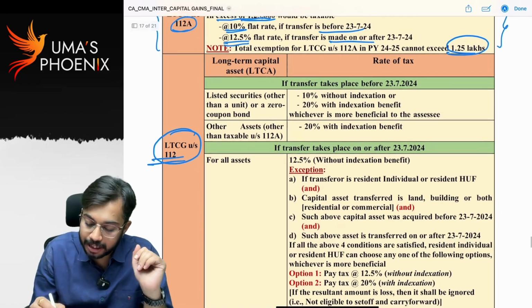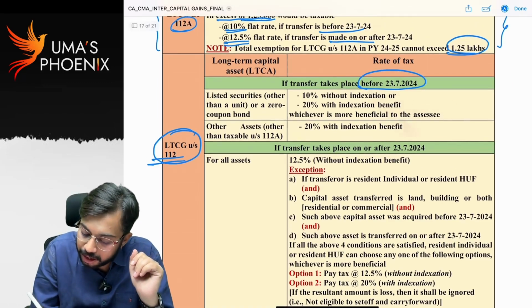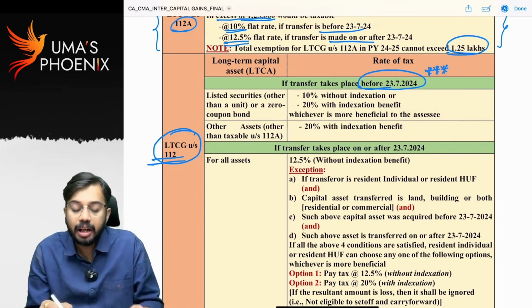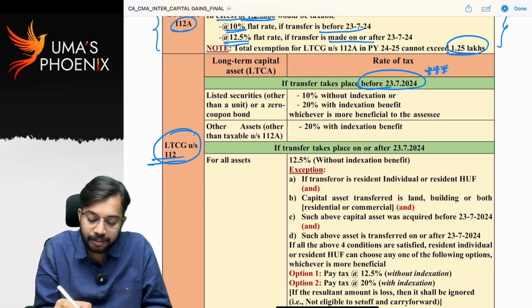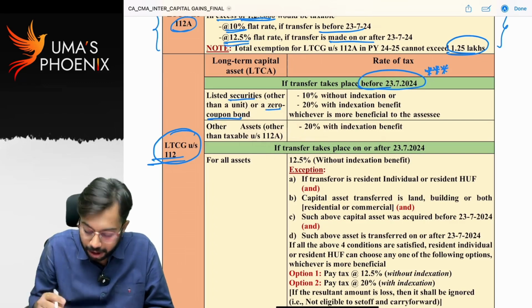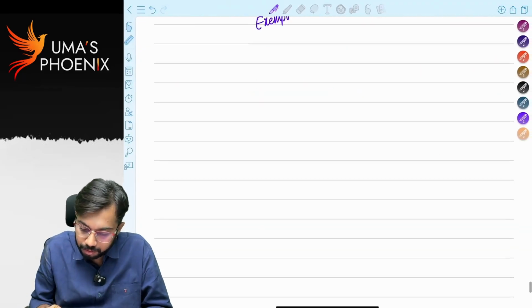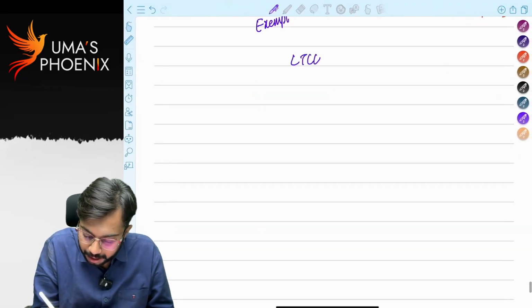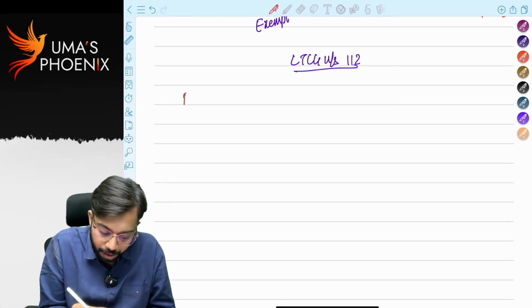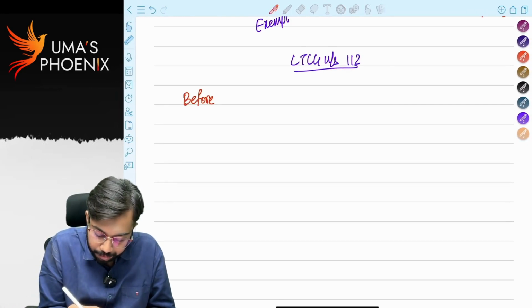If the date of transfer is before 23rd July 2024, then if the capital asset transferred is listed securities other than units, or a zero coupon bond, that means long-term capital gain under section 112 before 23rd July 2024.